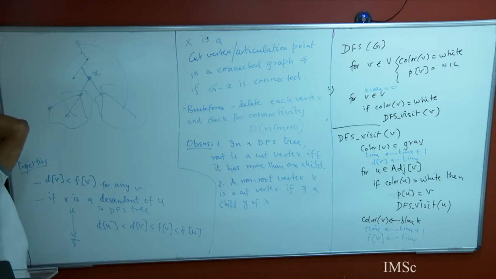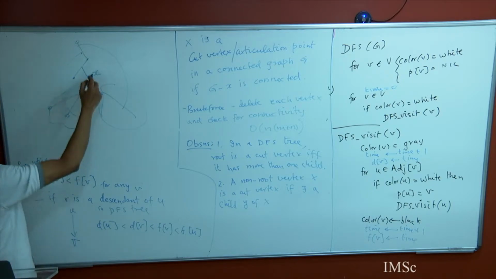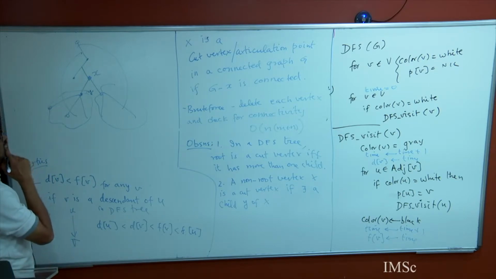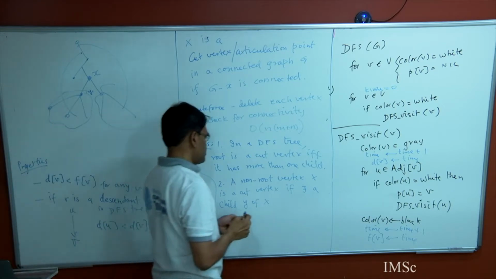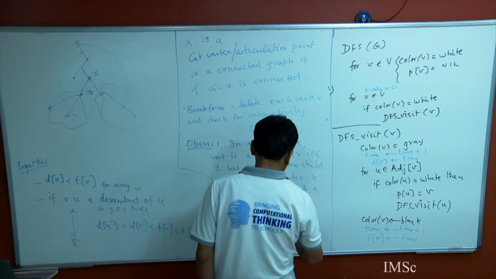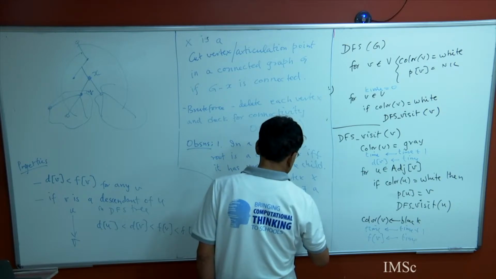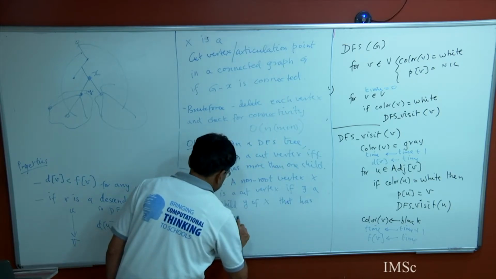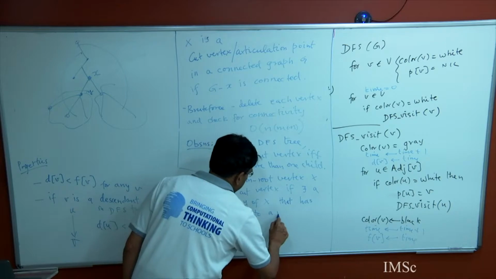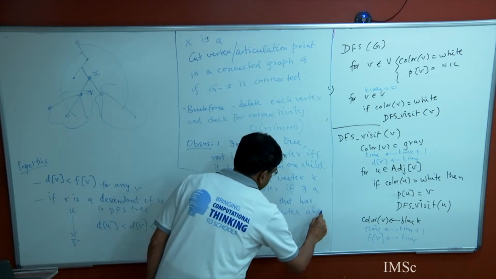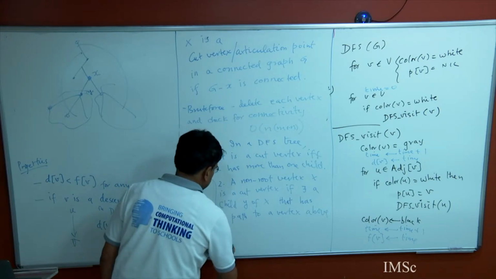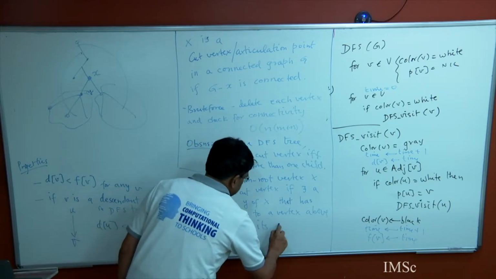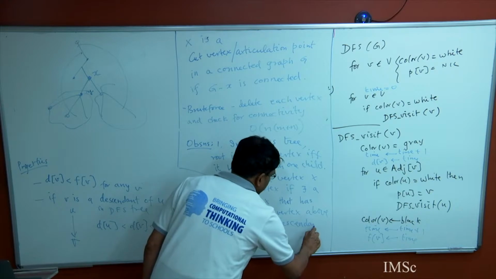So X is a cut vertex if there exists a Y with the following property: there is a child Y of X that has no path to a vertex above X through its descendants and a back edge.